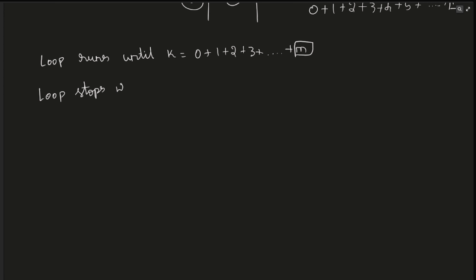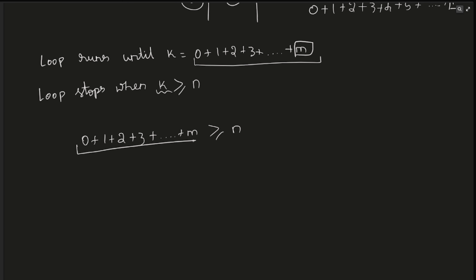We know the value of k, which is nothing but sum of natural numbers: 0 plus 1 plus 2 plus 3 plus until m is greater than or equal to n. We can just replace this with the sum of natural numbers, which is nothing but m into m plus 1 by 2 is greater than or equal to n. To get rid of this denominator, we can multiply both the sides by 2.